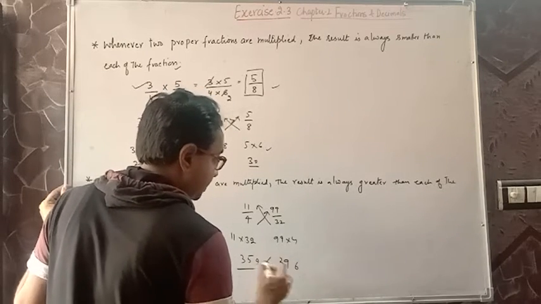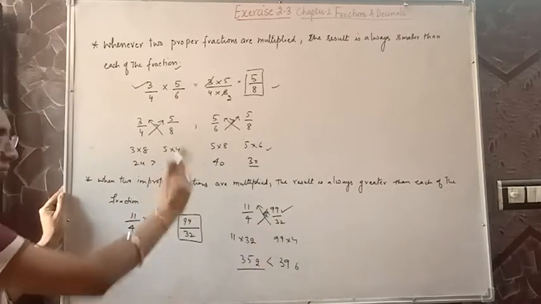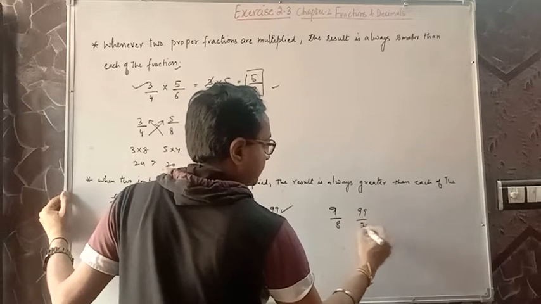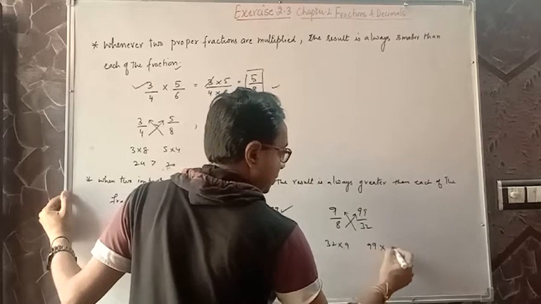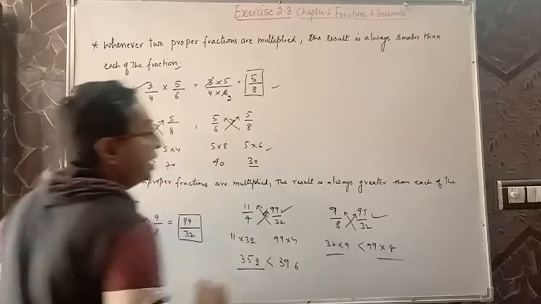So what do you observe? This is bigger. First thing is proved, the result is bigger than the fraction. Next, 9 by 8 and 99 by 32: 32 into 9 and 9 into 8. Just compare yourself, you will see definitely this is bigger, hence verified.